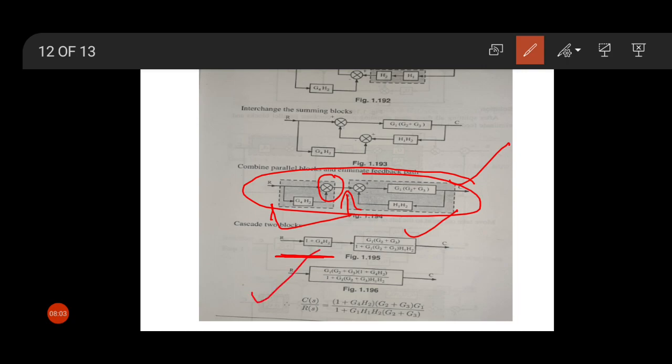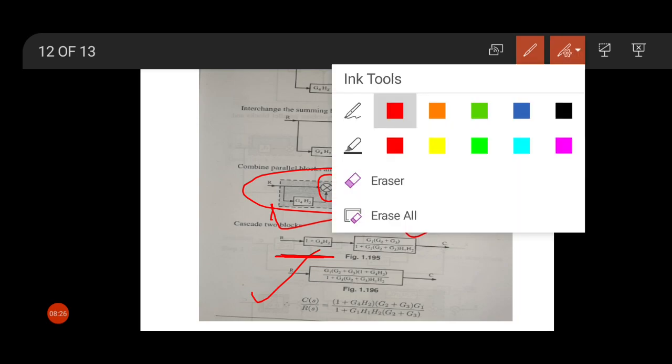This is our transfer function, C(s) by R(s), equal to 1 plus G4 into H2 in the first bracket, and G2 plus G3 in the second bracket, and these two brackets are multiplied by the gain G1. In the denominator there is 1 plus G1 H1 H2 into G2 plus G3. Okay, clear?